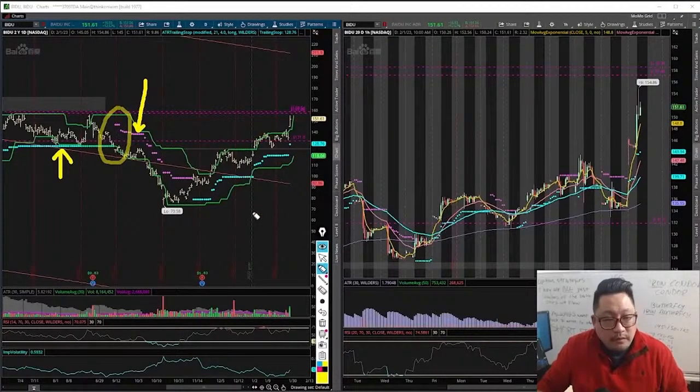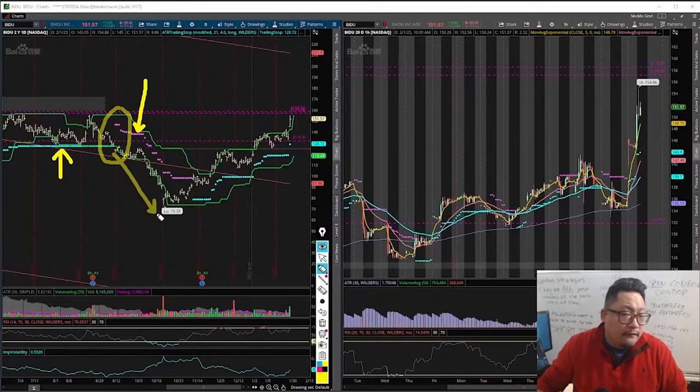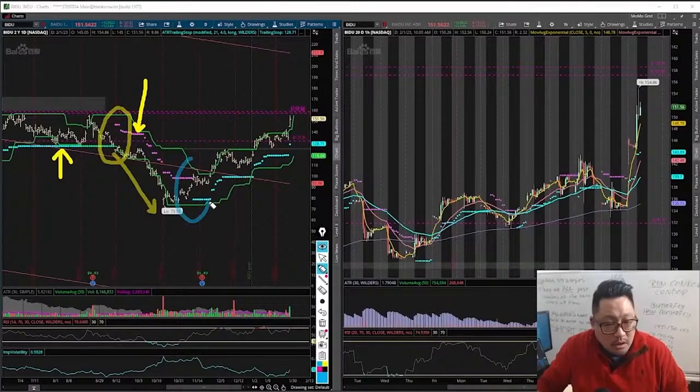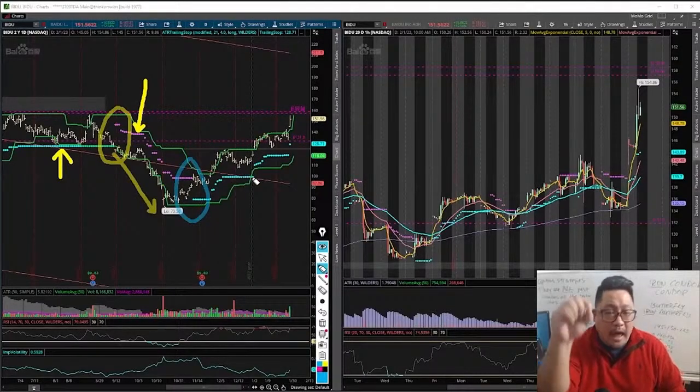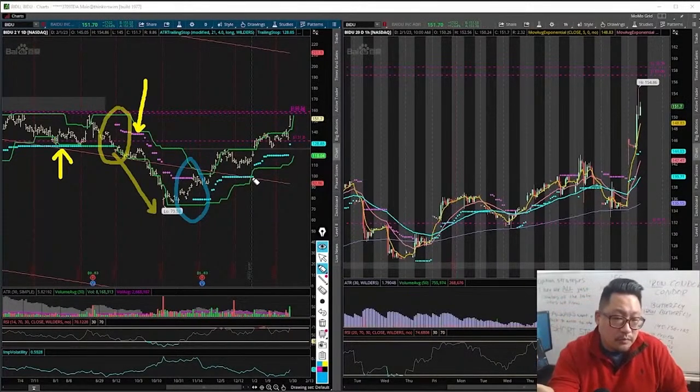Now, if you notice at that moment, that was right around, let's say around $120. Since that shift, it went from $120 down to $73.58. The time frame, about 4 to 5 weeks. Now, if you look at where I'm highlighting with the blue circle, notice where at that moment it went from pink to blue.